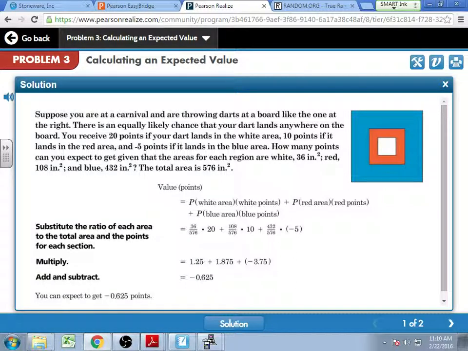Lose points. As the game goes forward, if these probabilities come out to be true, I'm going to lose points. Now that's where skill will change the probability. But if I am not skilled at this, if I have random chances, I will likely lose 0.6 of a point every time I throw a dart. Now I obviously can't actually lose 0.6 of a point, but when I average all my points together, that would be what we would expect to happen.